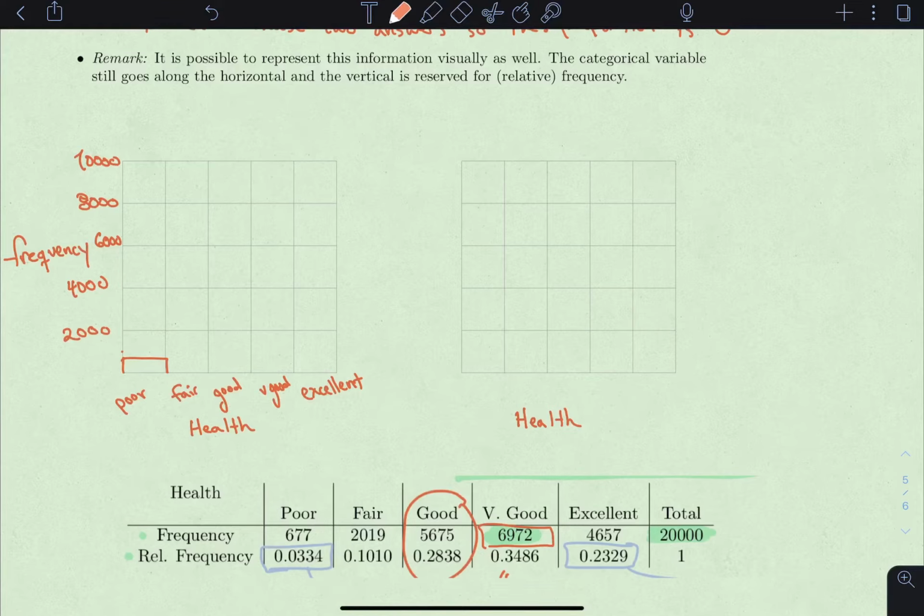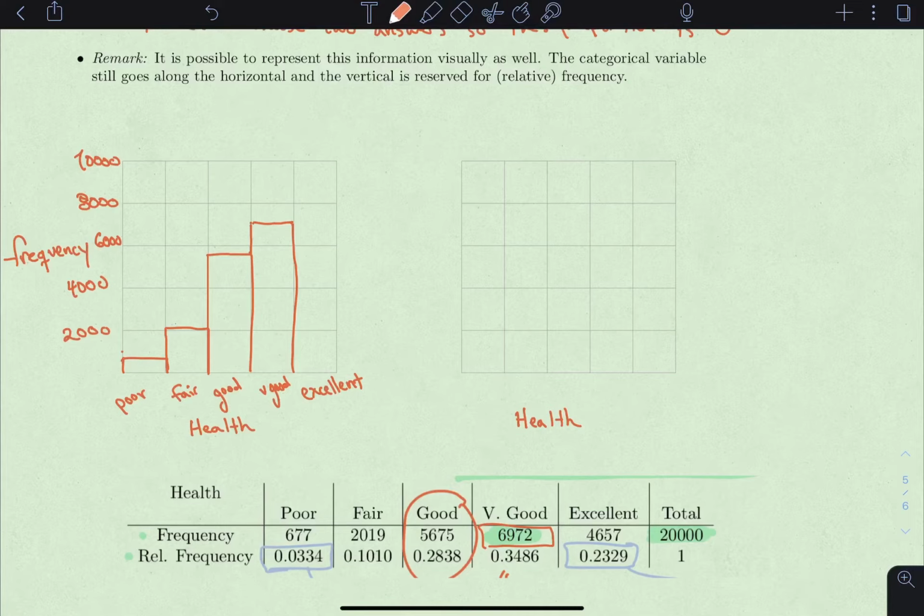Fair is 2,019. This is more than 2,000. And note, there's not really an issue with people on the borderline because you had to choose one or the other. Good is 5,675. See, that's about 5,000. That means right around here. 6,972 is just below 7,000.